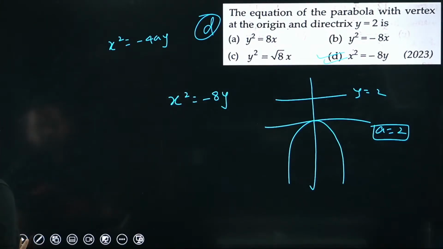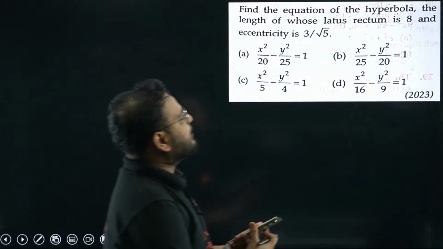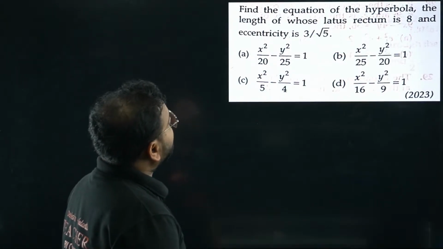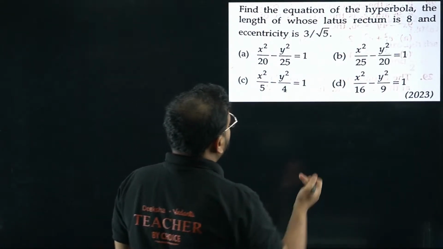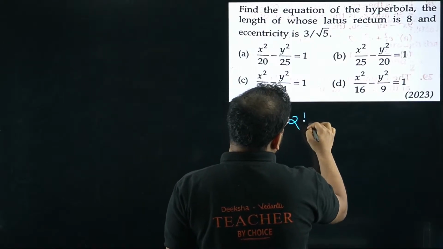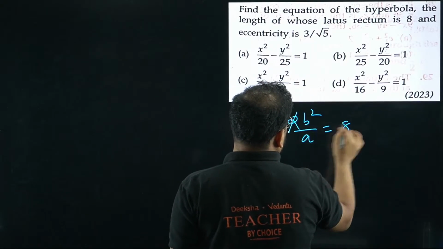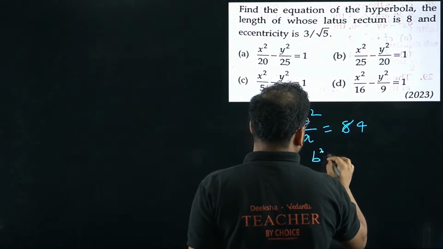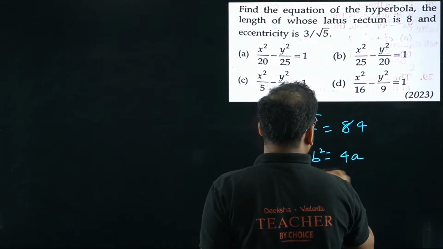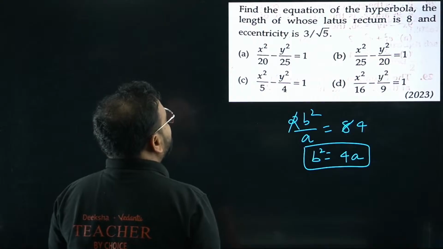Let us continue. Next is, find the equation of the hyperbola, the length of whose latus rectum is 8. Formula you have to remember: 2b square by a should be equal to 8. 2 4s are 8, means b square is nothing but 4a. And they have given e value also, hyperbola, right?